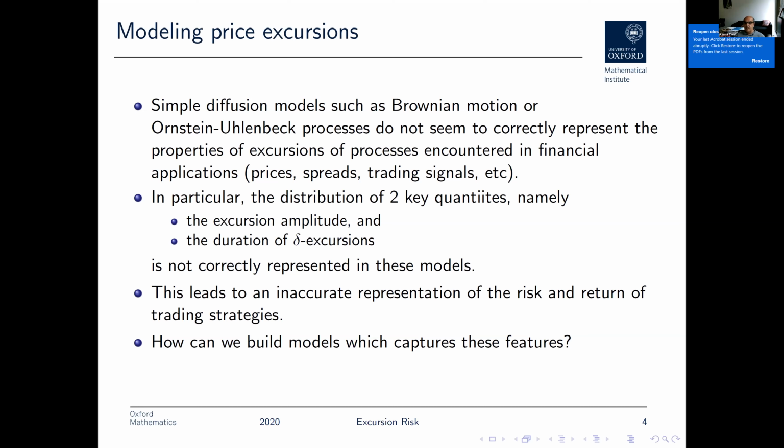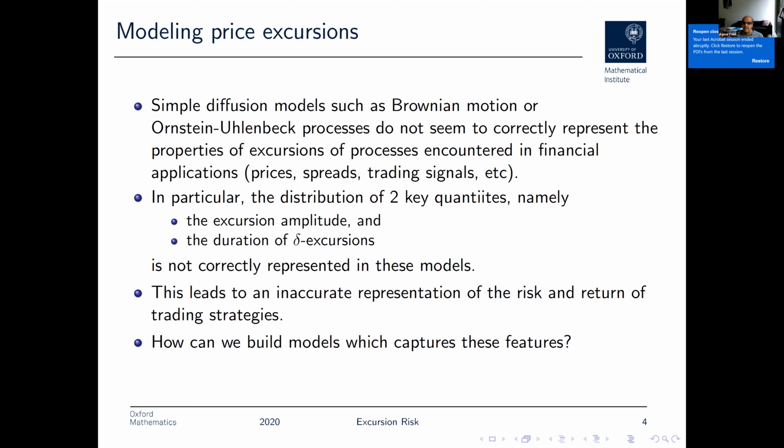These two things are the duration of the delta excursions, which tells you how frequently you will trade, and the amplitude of the excursions, which tells you something about the risk of the strategy. So at least you want your model to correctly represent the distribution of the excursion amplitudes and the distribution of the durations of the excursions.